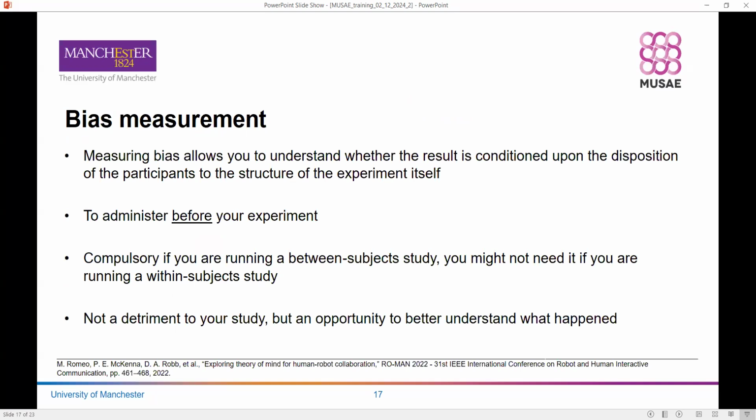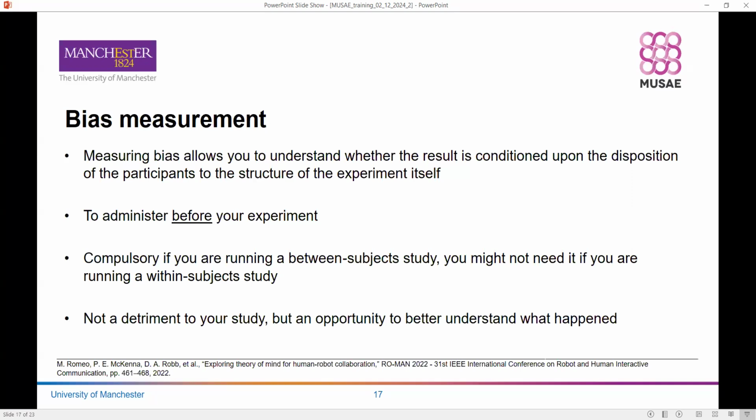So now we are going into the last set of measurements, the bias measurements. Again, the bias is important to consider because it allows you to understand how reliable your result is.